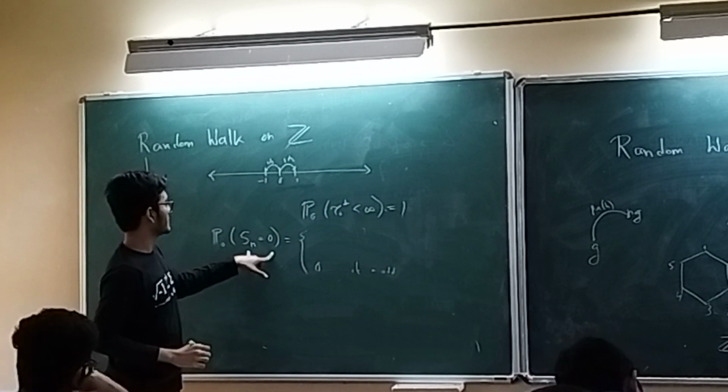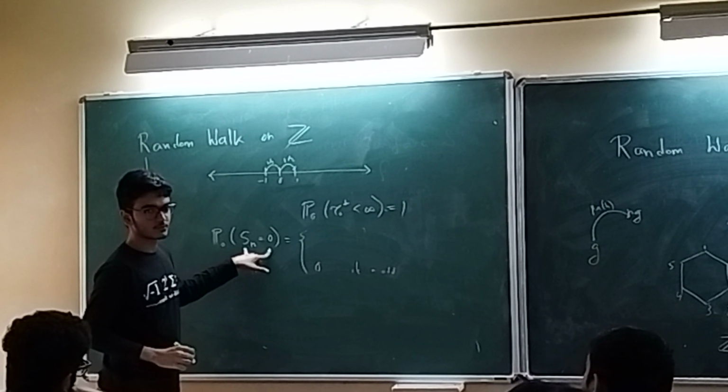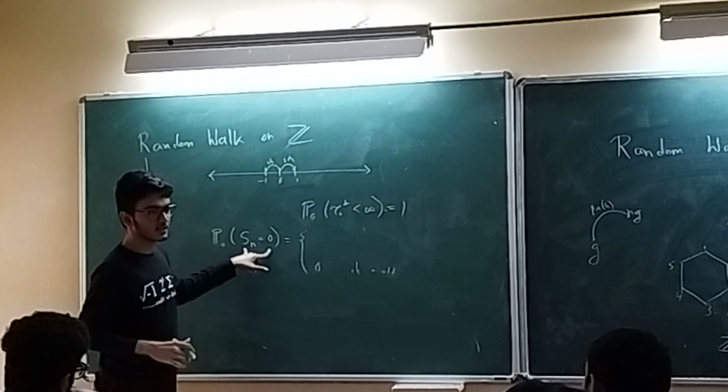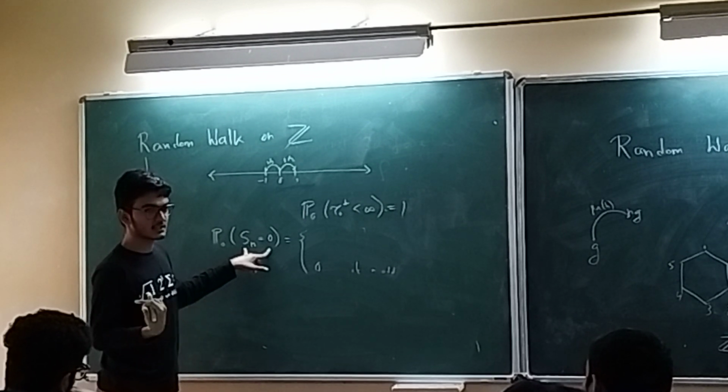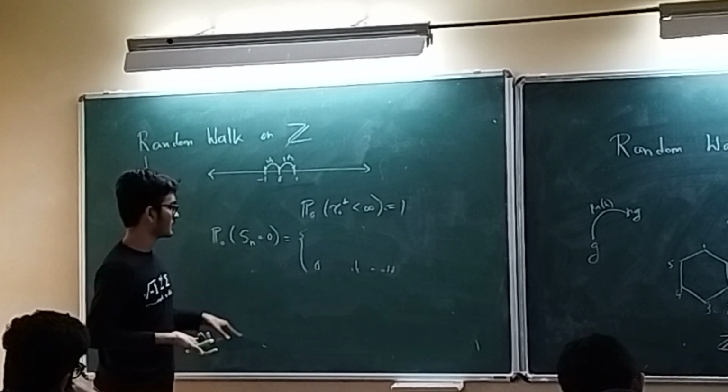This is just a sum of random variables which take the value -1 with probability half and 1 with probability half.